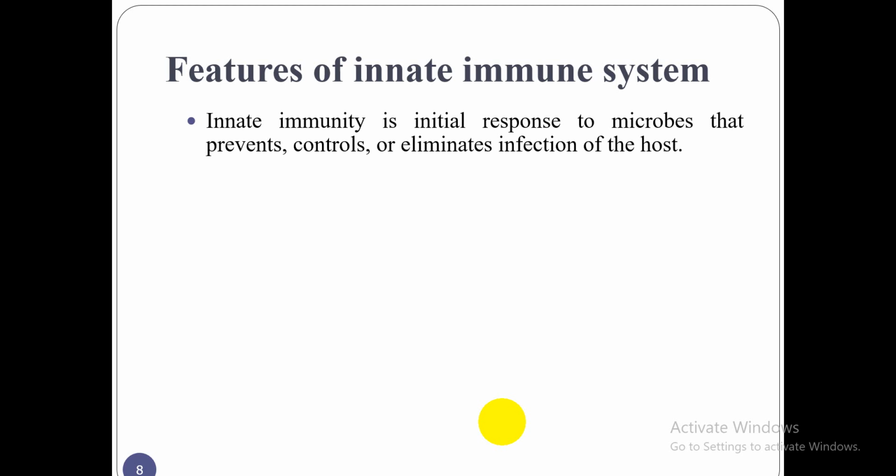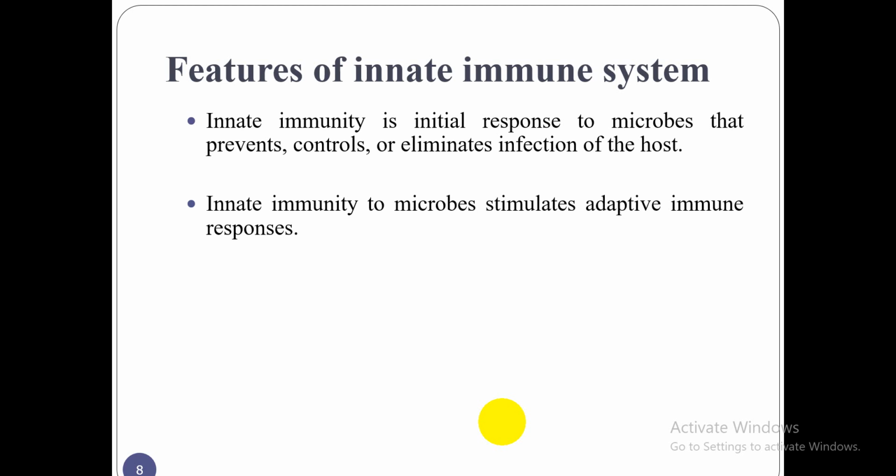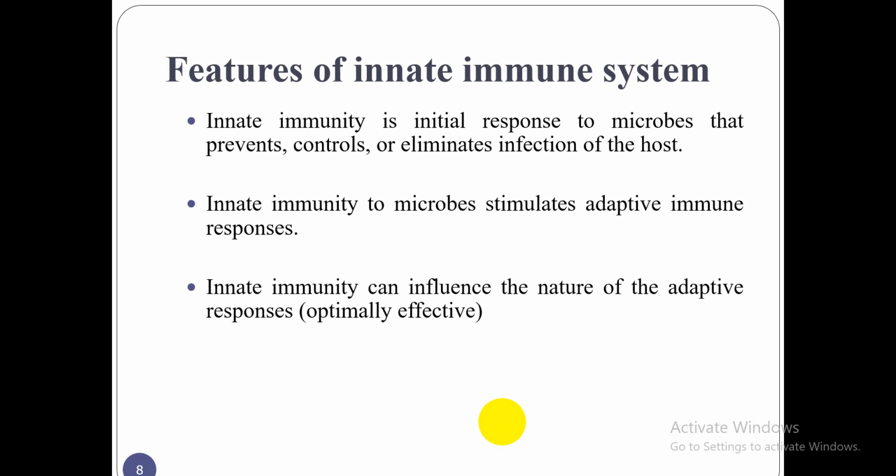So the first line of defense against microbes is innate immunity. Innate immunity to microbes stimulates adaptive immune responses. So the innate immune response could provide a proper adaptive immune response.